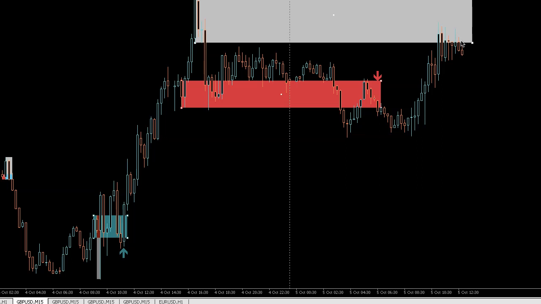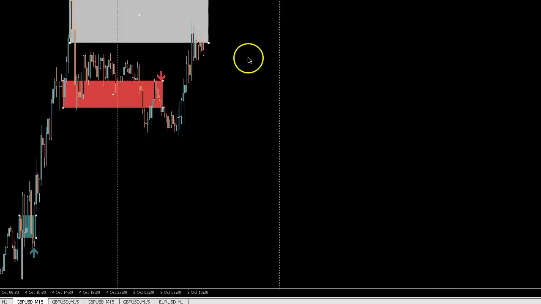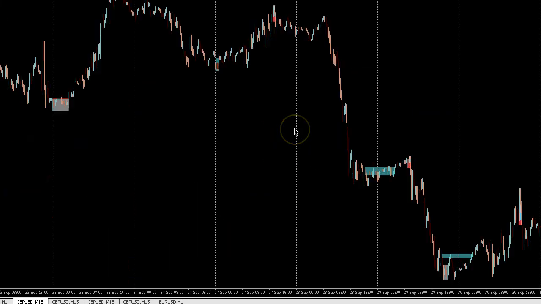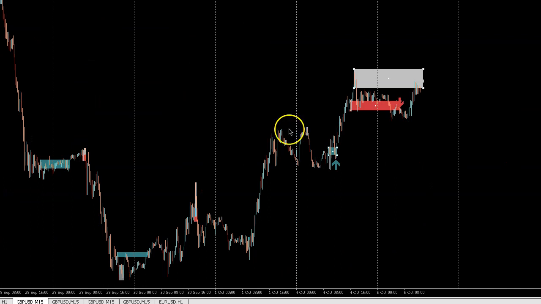Okay, so is it possible to actually trade only the blocks without any other indicator, pretty much buying and selling whenever a block comes about? Yes, it is possible. It could be a little bit hard, but it's not that hard. The main thing I would advise anybody, on any time frame, is to always look to your left.